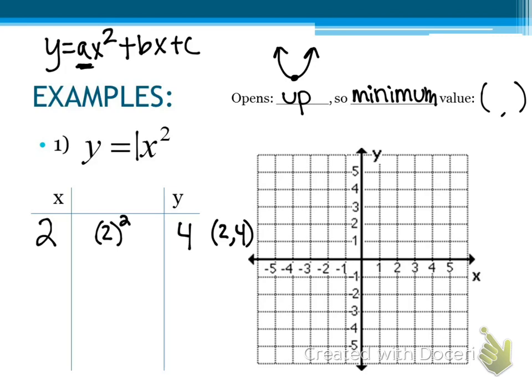Who can tell me how to get to the point 2, 4? Jaquan? Over 2 which way, left or right? Good, 2 to the right, then up 4, and we put a point. Okay, I need something else to plug in for X.